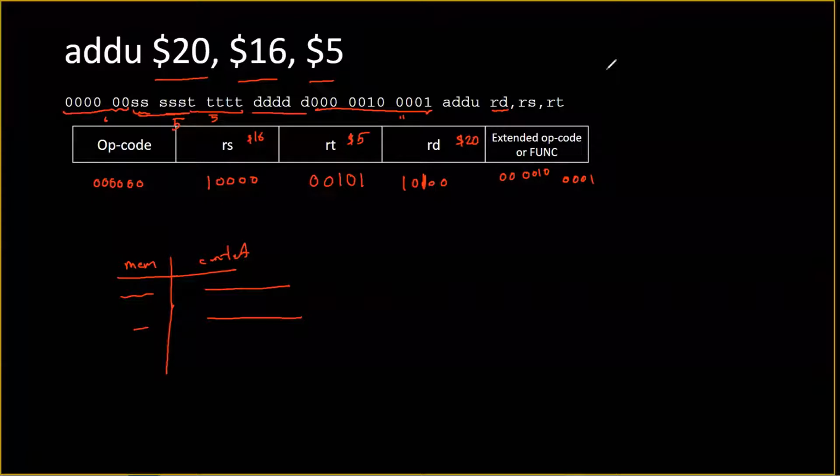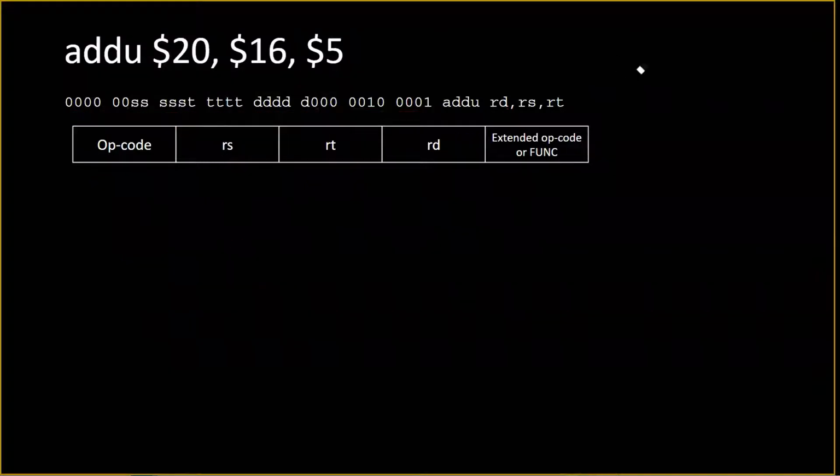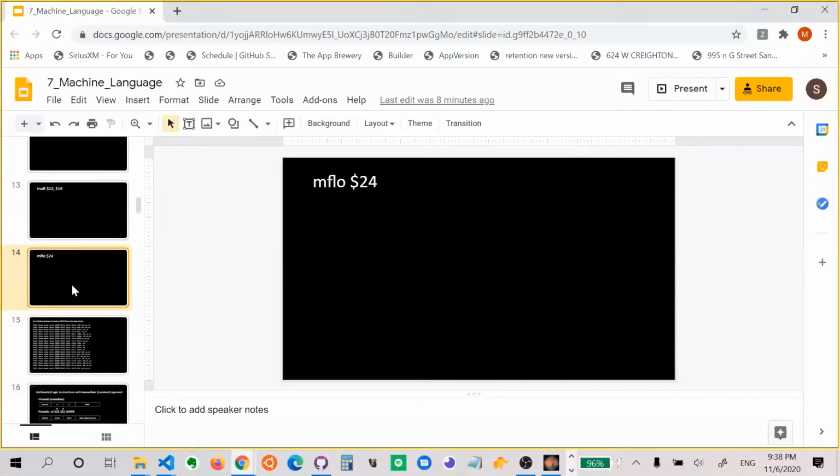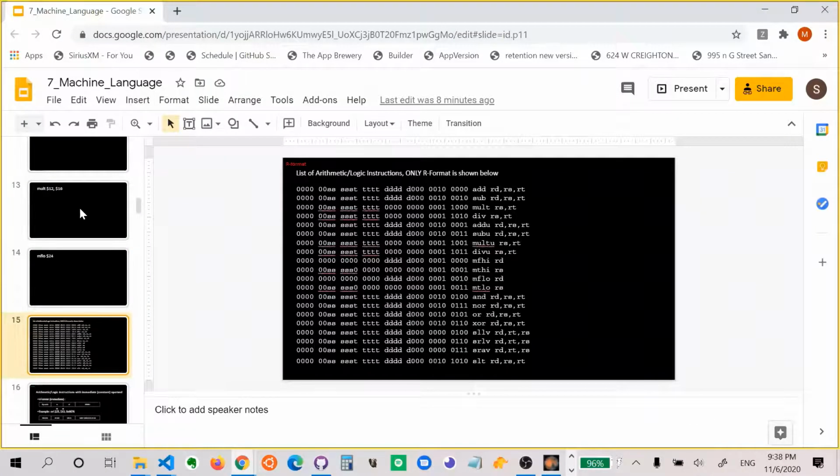Now we're going to look at the next example. So this is the second example that we have, and I'm going to follow the same thing. First you identify that this is the R format. So let's look at the table that we have, and that was a mult.